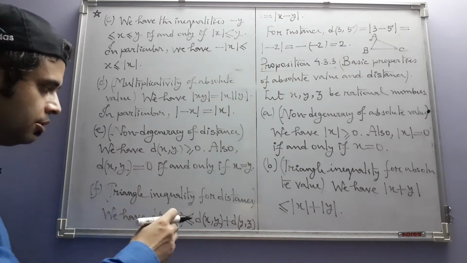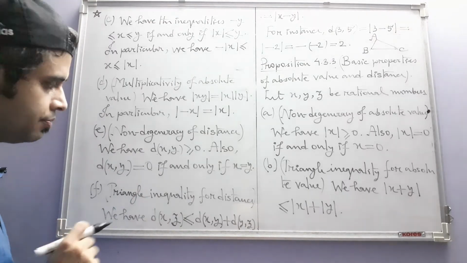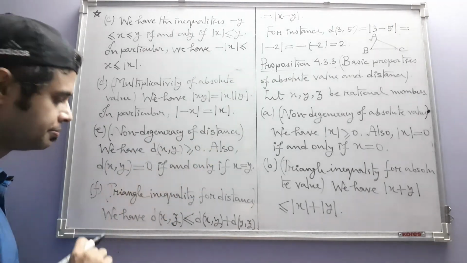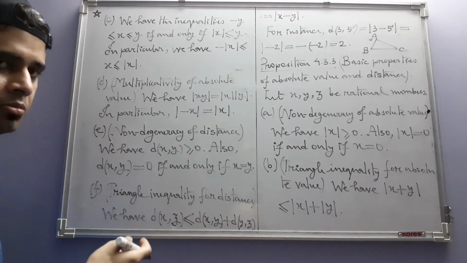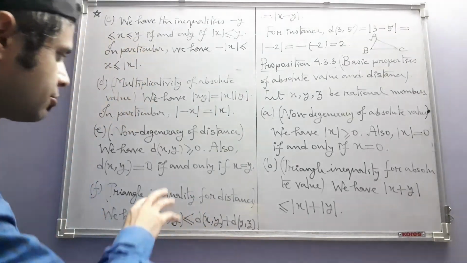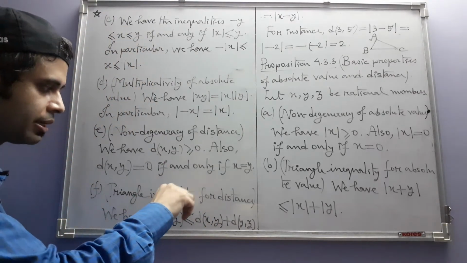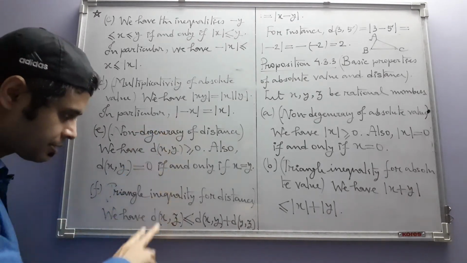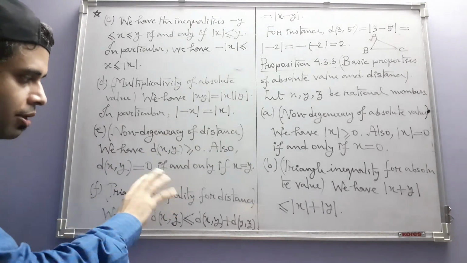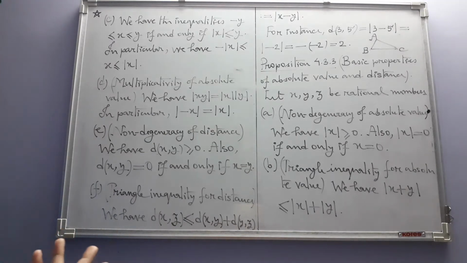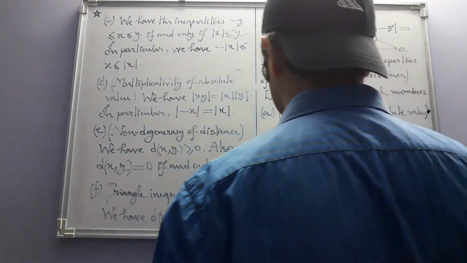Distance between two different points should not be zero, and that's what gives non-degeneracy to this function d. And triangle inequality can be made sense of using that analogy. So it makes sense to call the quantity absolute value of x minus y distance in the usual sense, because it satisfies these properties. We will see more about this analogy and how this whole thing can be generalized to form something called metric spaces. Okay, we will see in this book itself.